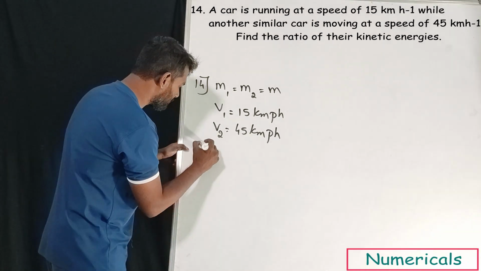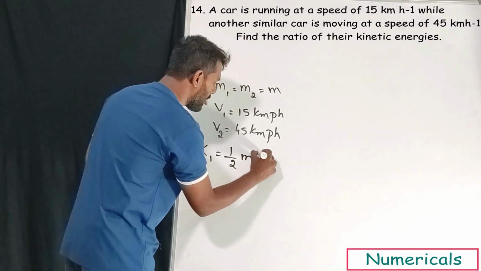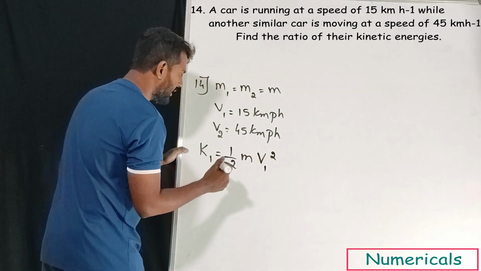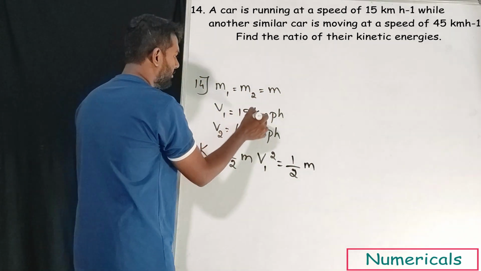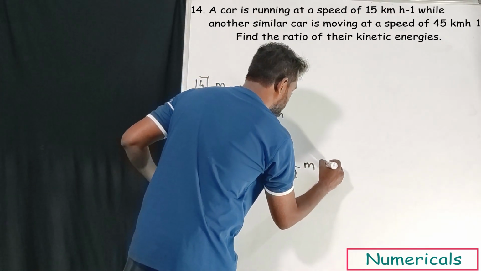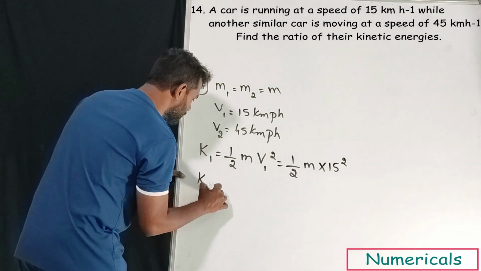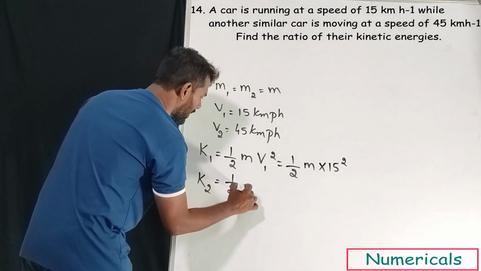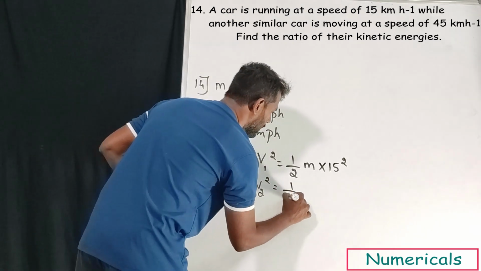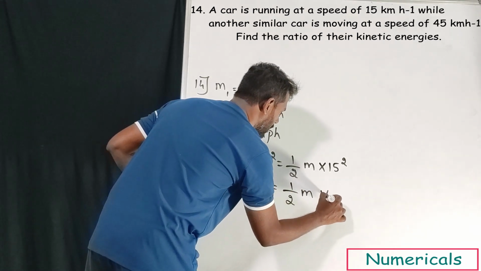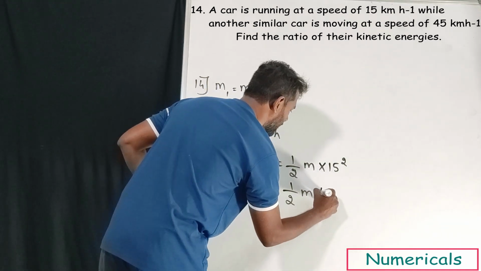Okay, now kinetic energy 1, the formula is equal to half m v1 square, and that is nothing but half m, and v1 is nothing but 15, so that is 15 square. Then K2 is equal to half m v2 square, that will be half m. What is the v2 value? That is nothing but 45 kilometer per hour, right?